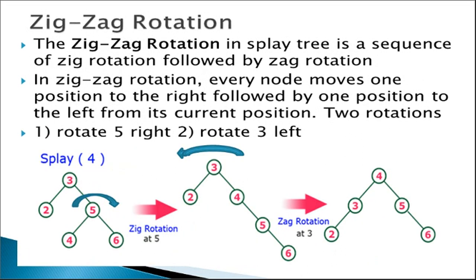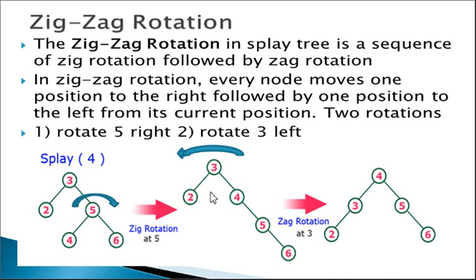Now the next rotation is zig-zag rotation. It is similar to LR or RL rotations. Now over here there are again two rotations. First, the element which we want to search is 4. So 4 is over here, that is RL of AVL tree, if we know. Then firstly what we should do, we should rotate 5 to the right.